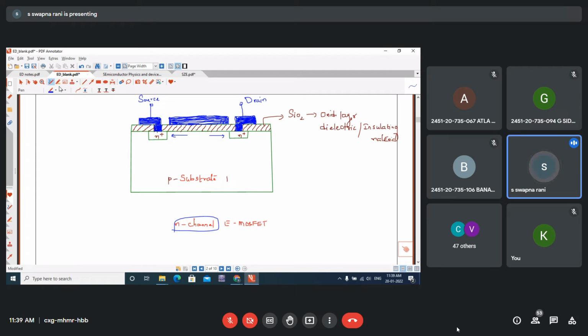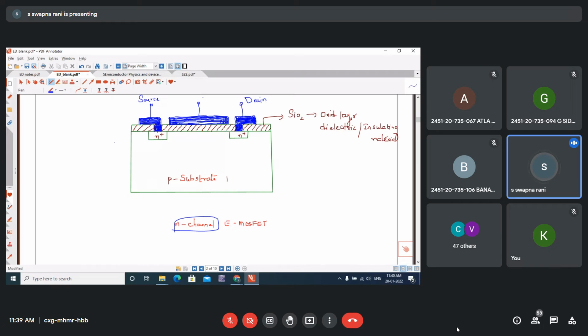So there is no channel present in the enhancement MOSFET, but the region existing between the source and the drain is covered by the metal we deposit here. Now one more contact is made.